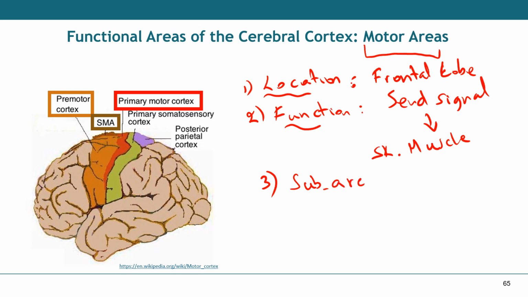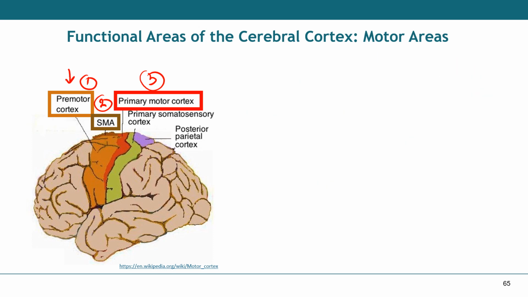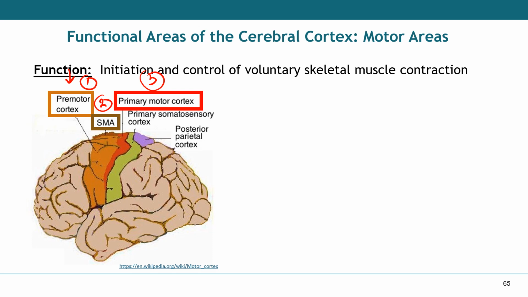And in the diagram, you can see easily the three sub areas. The first, premotor cortex. Here you can see the supplementary motor area, and the third one is the primary motor cortex. Now let's recap all the information that I told you. I told you that the function is the initiation and control of voluntary skeletal muscle contraction.